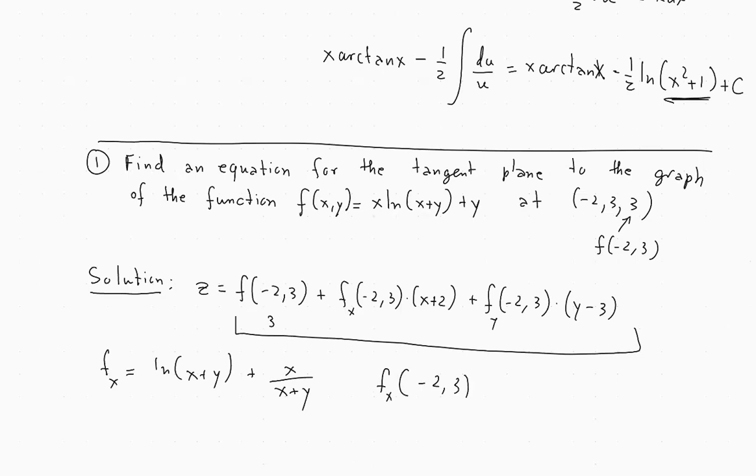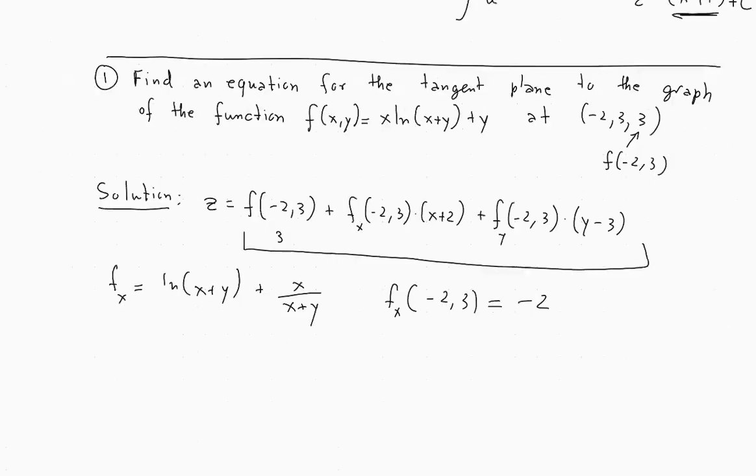And f sub y is equal to x times 1 over x plus y plus 1, which means that f sub y of -2, 3 is going to be -2 plus 1, which is -1.